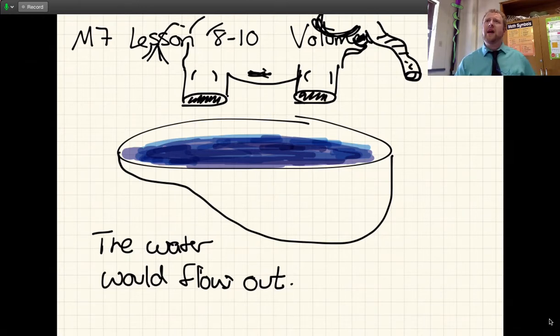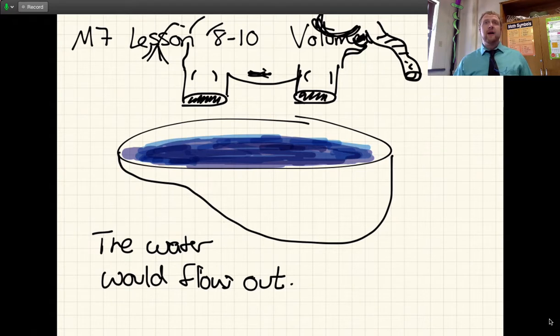Why? Why wouldn't the water just go around the elephant and stay in the tub? This is a really important idea about what we're looking at with solids. Why does it flow out? What does the elephant do?